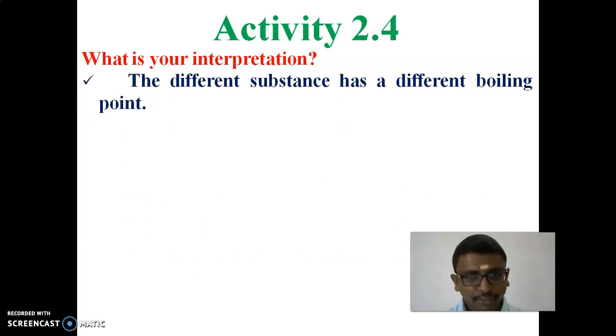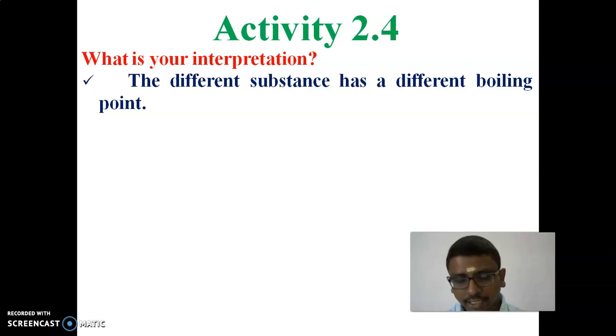Different substances have different boiling points. For example, water: its boiling point is 100 degrees Celsius. Different substances have different boiling points, for example the alcohol compounds and the dye substance.